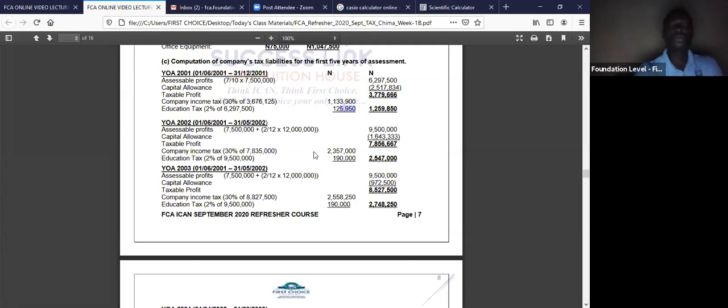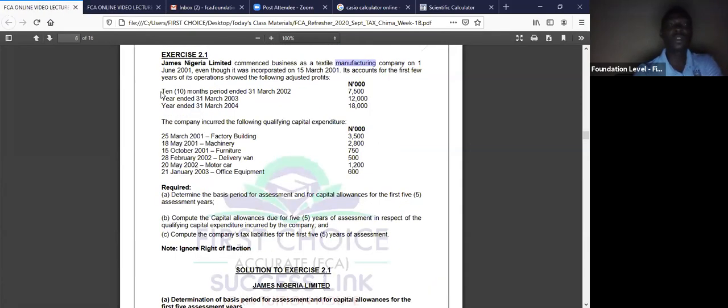For year 2, we do the same thing. We are looking for the same basis period. We're having a 12 months period to contend with, but the account we have there is a 10 months period.